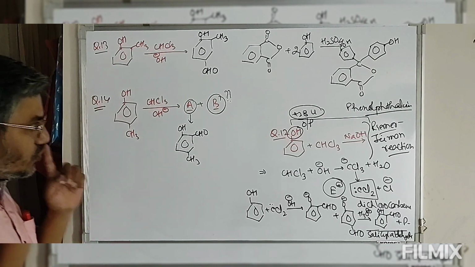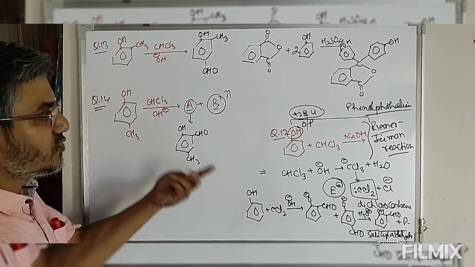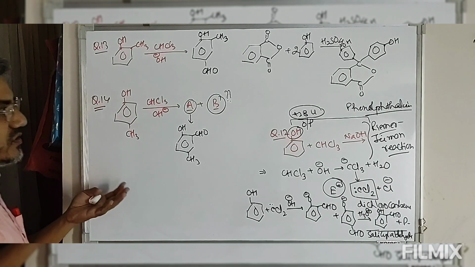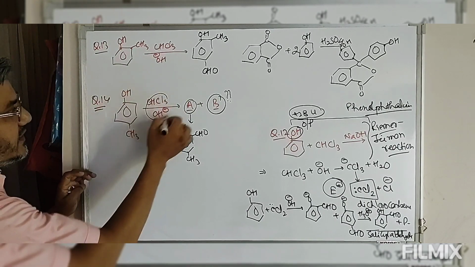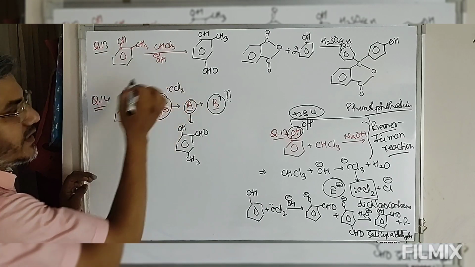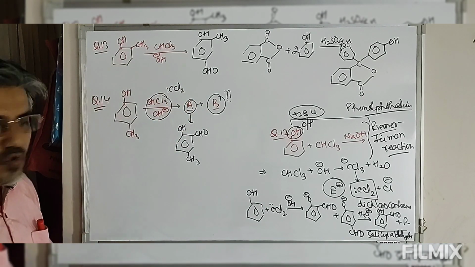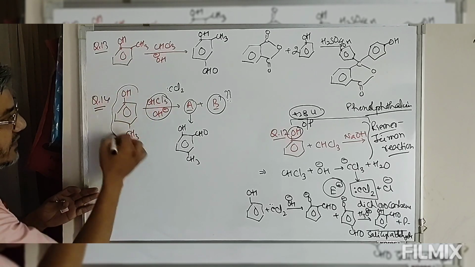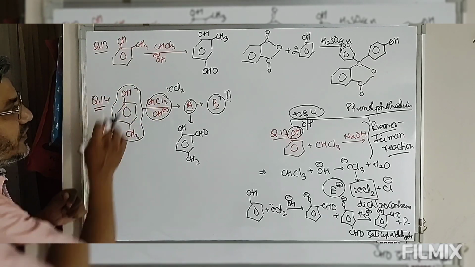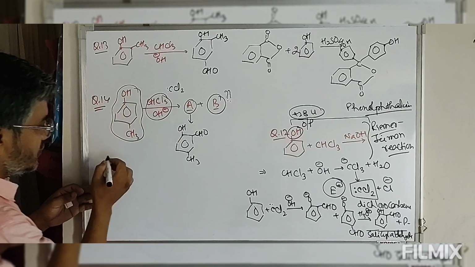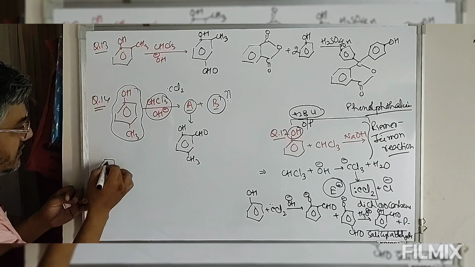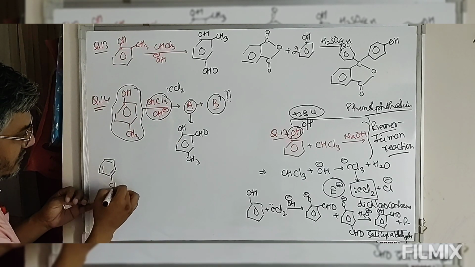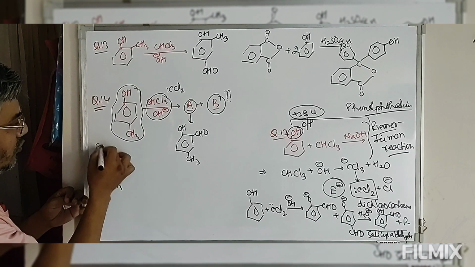Now to define this abnormal product B, we have to go through the mechanism again. Slightly, I'll show you the mechanism. This gives you dichlorocarbene. Dichlorocarbene will react with this. Now we have this phenol. Phenol is acidic, reacts with base to give you phenoxide. So we have O minus.